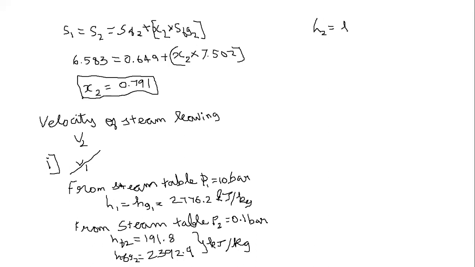H2 is equal to HF2 plus X2 into HFG2, which is equal to 191.8 plus the value for X2, 0.791, into HFG2 value 2392.9.